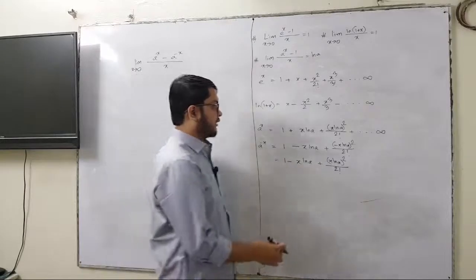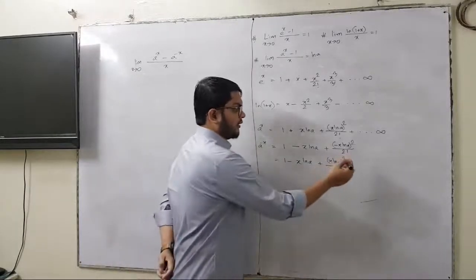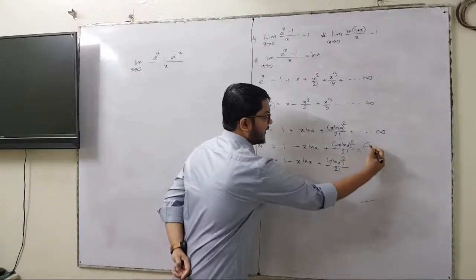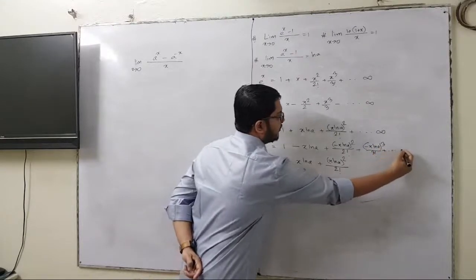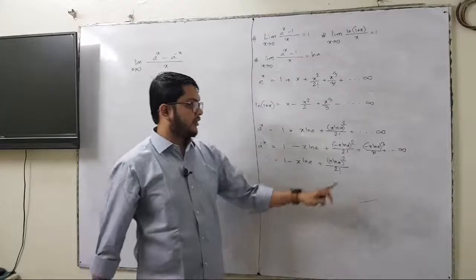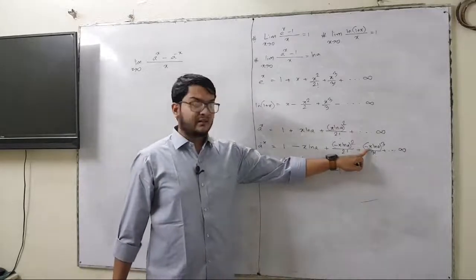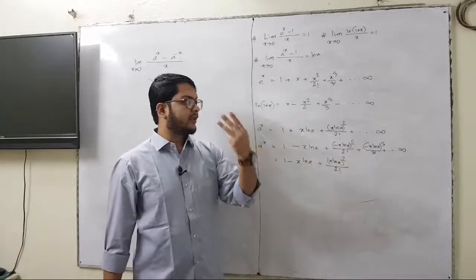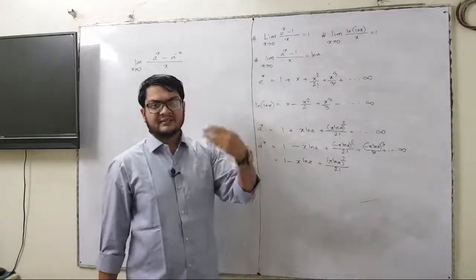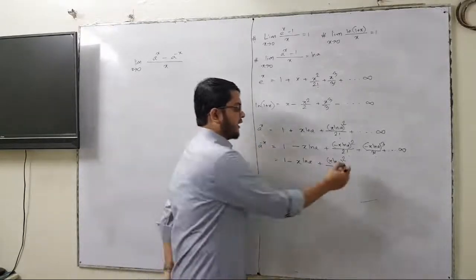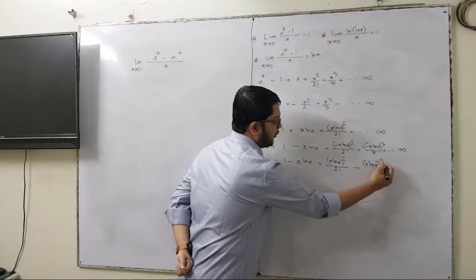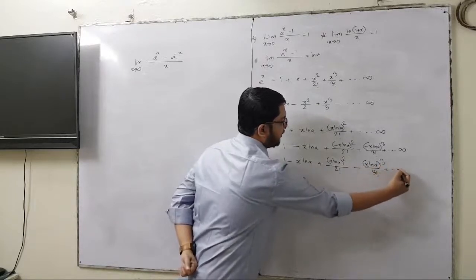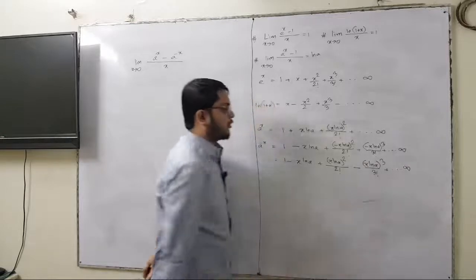But the next term, say minus x ln a whole cube divided by 3 factorial. So what will happen here? This negative x, when you multiply it 3 times, so negative x, negative x, negative x, you will have a negative sign here. So it will be minus x ln a whole cube divided by 3 factorial and all the way to infinity.